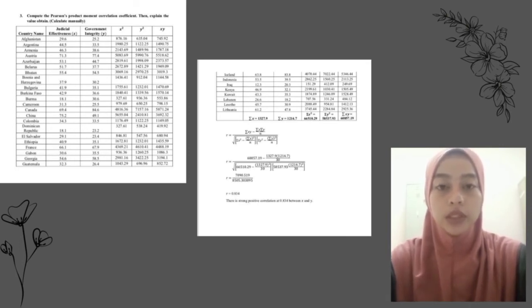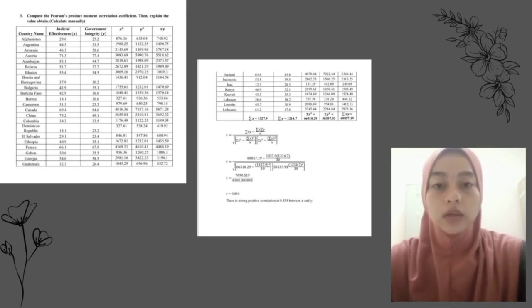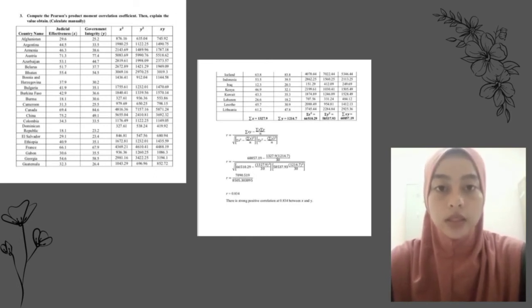So here I will present part B, question number 3. The question is to compute the Pearson's product moment correlation coefficient, then explain the value obtained. Here there are 6 columns in the table: country name, judicial effectiveness, government integrity, X power 2, Y power 2, and X times Y. For the first one, the total of judicial effectiveness for all of the countries is 1327.9.